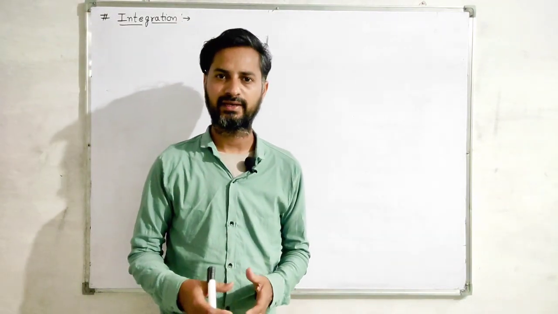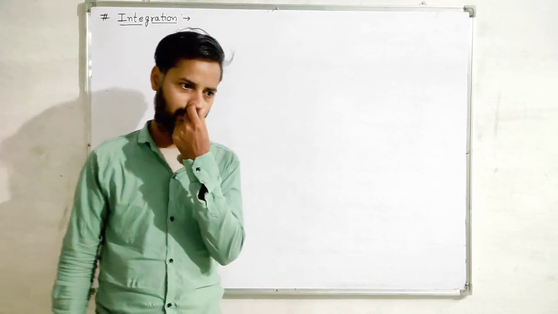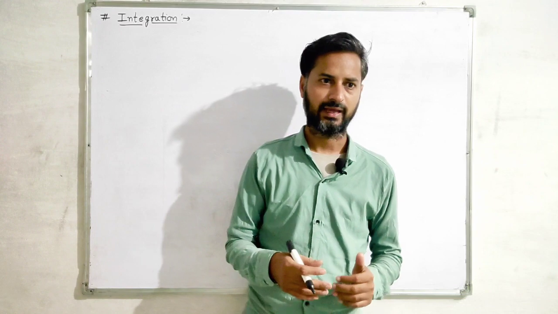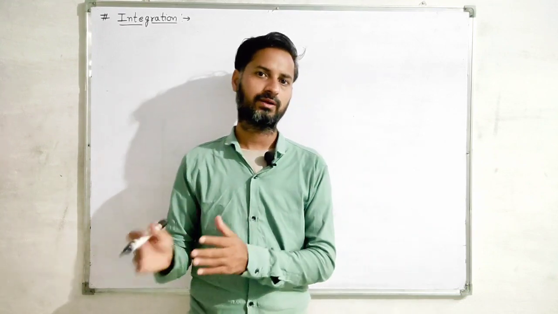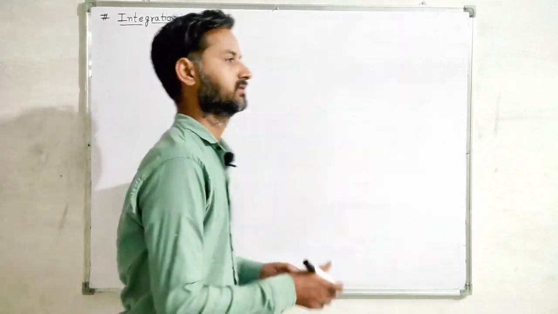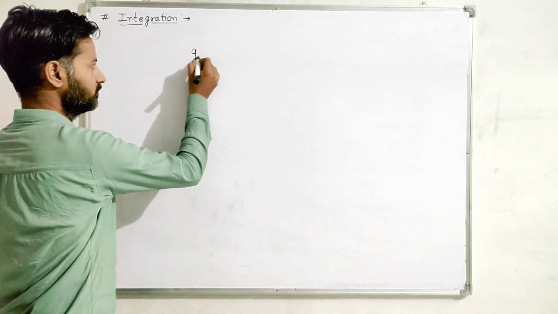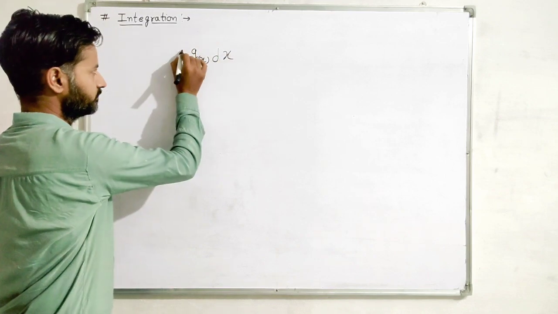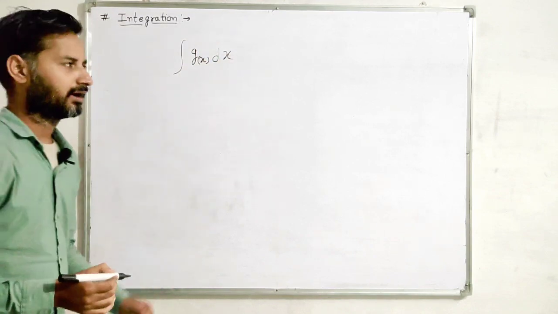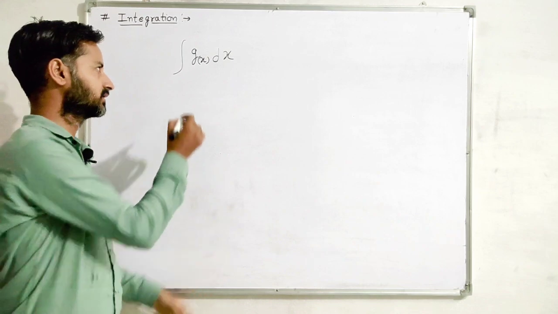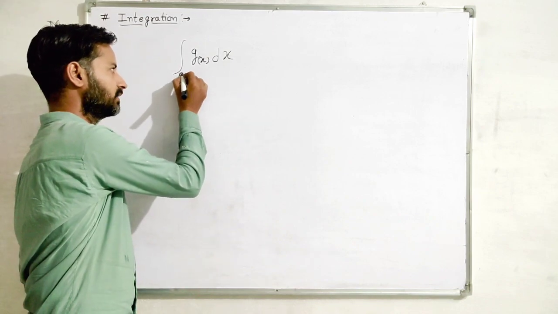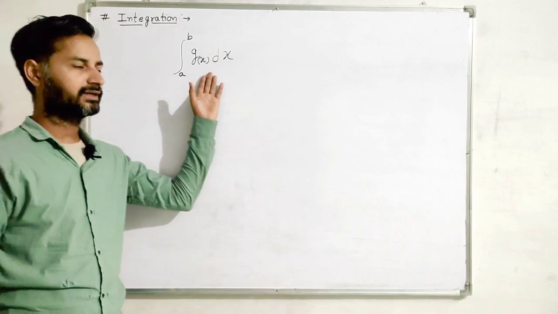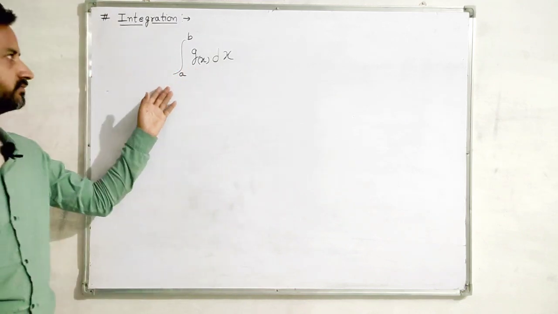The second type of integration is definite integration. When we integrate a function, if we know that within two limits I have to integrate this function, like I have the function g of x dx integration, and I want to integrate this function within the limit a to b, then this integration is called definite integration.